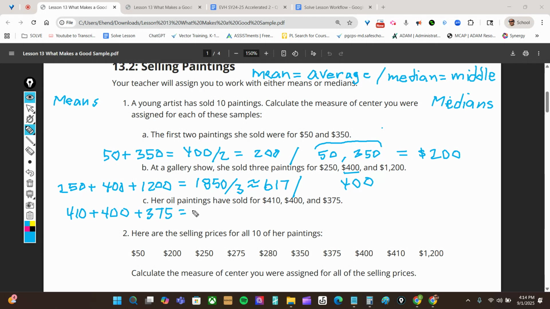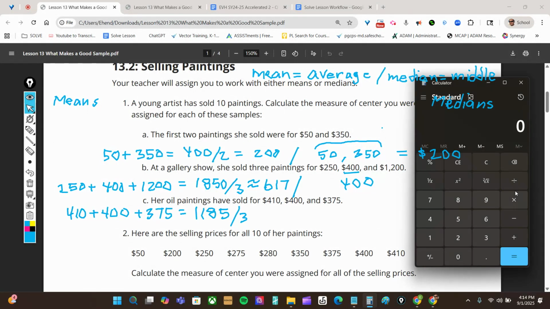It's going to be 1,185 divided by 3. 410 plus 400 plus 375 equals, divided by 3, is 395.